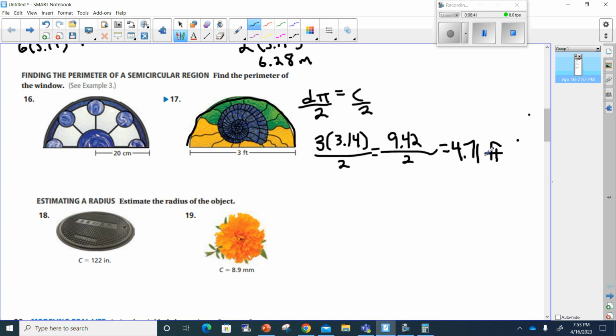But remember, we found the perimeter of the curved part of the window, but we also have this bottom part here. So we're going to have to add 3 feet onto that to get the whole window, which is going to make it 7.71 feet.